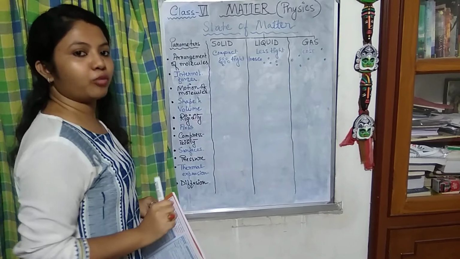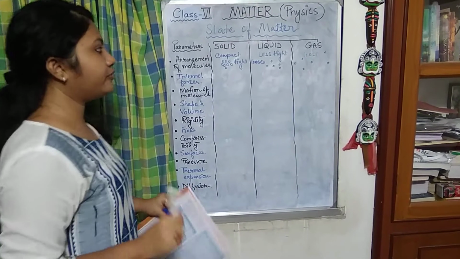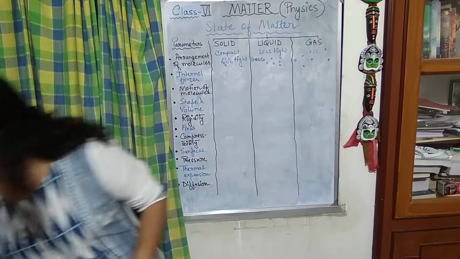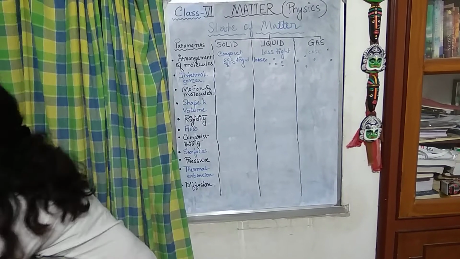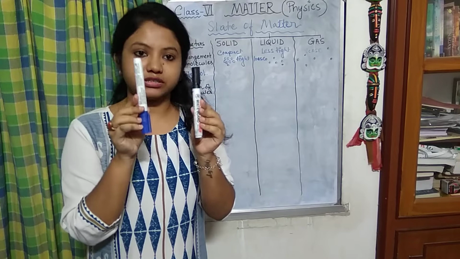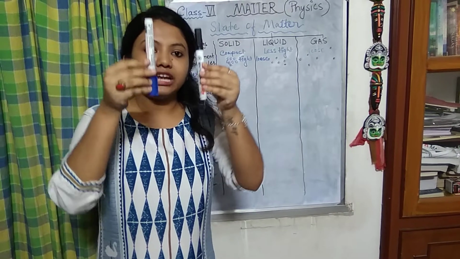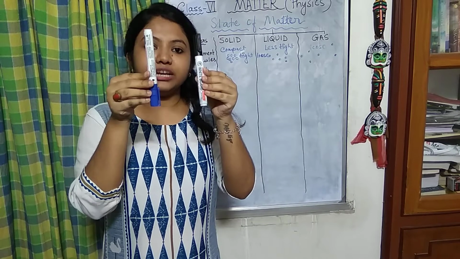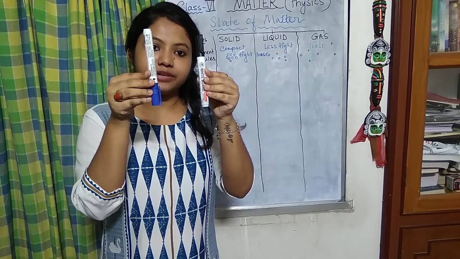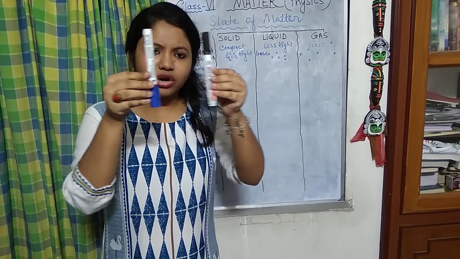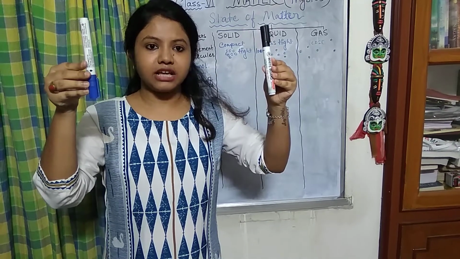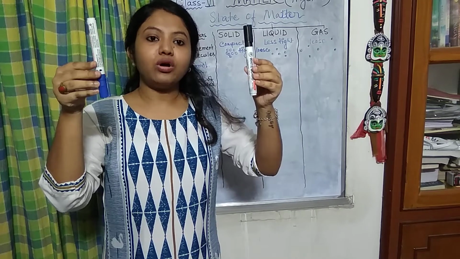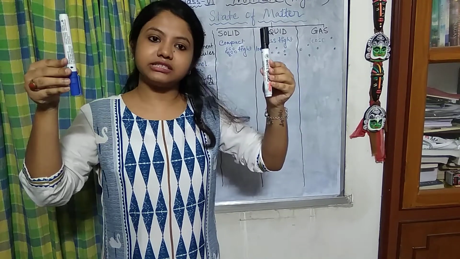Now point number two, intermolecular forces. You have to understand, I have taken two markers, and these two are molecules. Intermolecular space is provided in between. Now, the more the intermolecular space, the less the attraction.